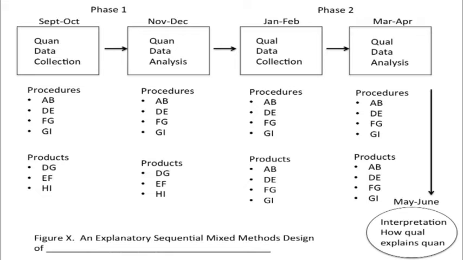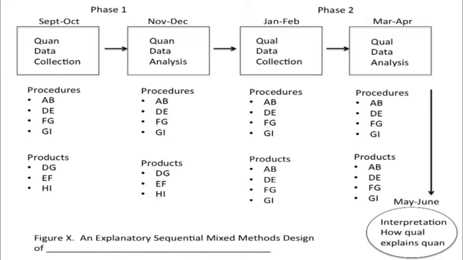I'm going to give this a name, an explanatory sequential mixed method design of whatever topic I'm studying. I'm going to identify the phases, and I'll put the phases up at the top. You can see here I've indicated months for each phase. Quantitative data collection, for example, would occur during the months of September and October. And I'm going to put into my circle information about the interpretation.